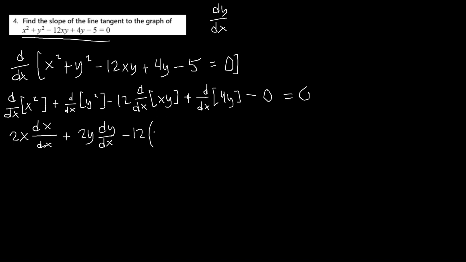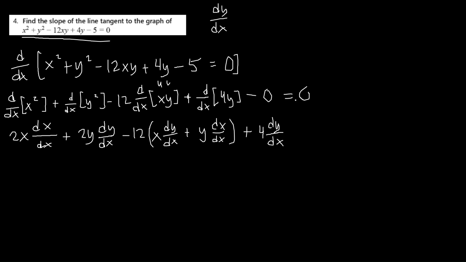Let x be your u and let y be your v, so you're going to do u dv plus v du: x dy over dx plus y dx over dx, plus 4 dy over dx.